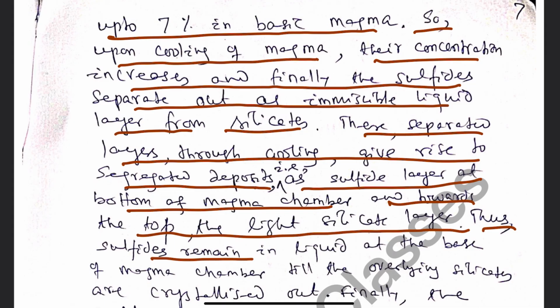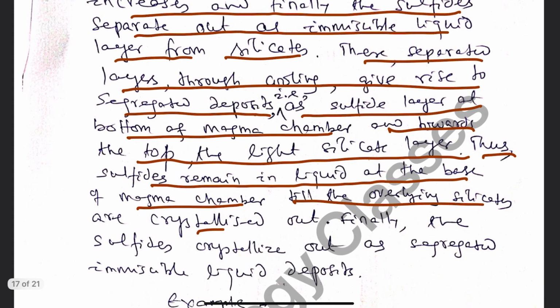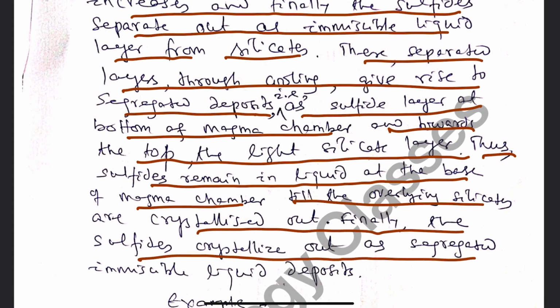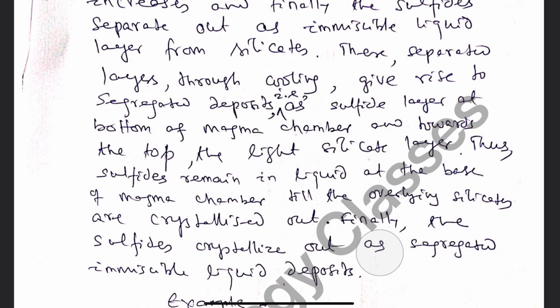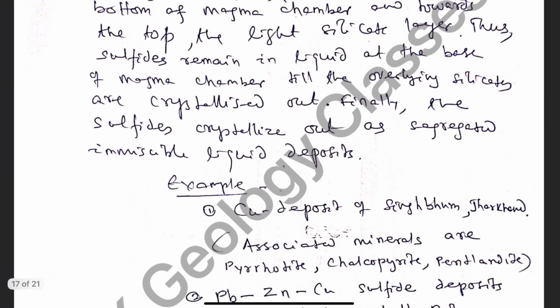Thus, sulfides remain in liquid at the base of the magma chamber till the overlying silicates have crystallized out. Finally, the sulfides crystallize out as segregated immiscible liquid deposits. So silicates crystallize out on the top first, followed by the formation of these sulfides which come at the bottom of the magmatic body.